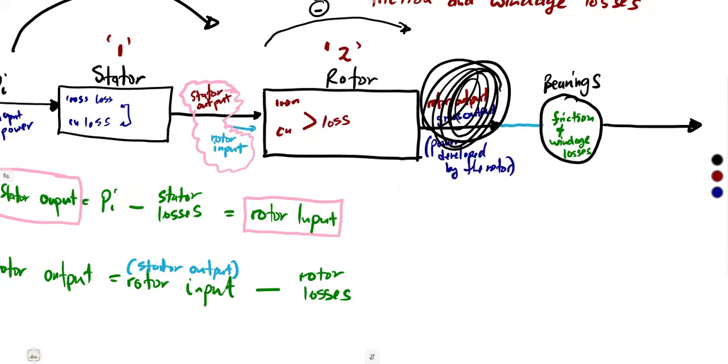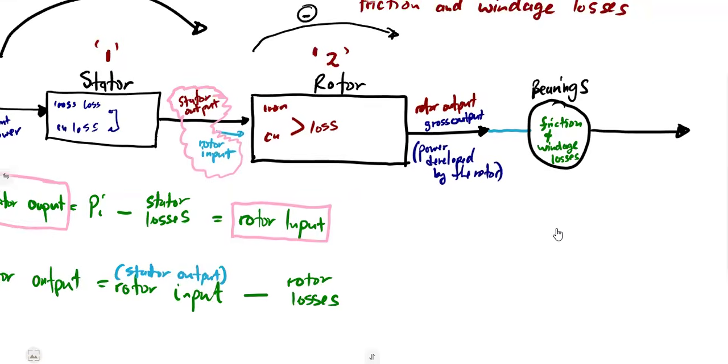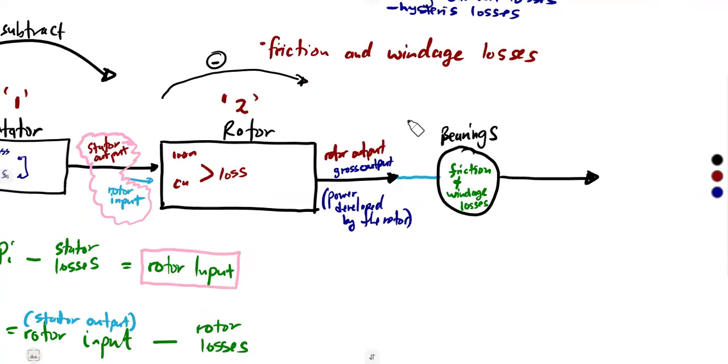Take note, the rotor output is not our net output. This is just a gross output that we have before. There are still other losses to be considered. So as we move from this part, subtracting the losses, we get the exact output.